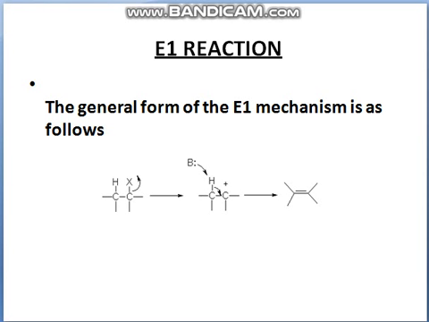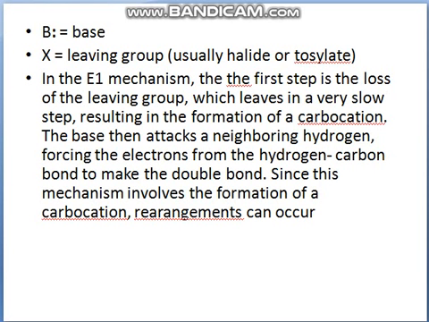In the E1 mechanism, the first step is the loss of the leaving group, which happens in a very slow step, resulting in the formation of a carbocation. The base then attacks a neighboring hydrogen, forcing the electrons from the hydrogen-carbon bond to make the double bond. Since this mechanism involves the formation of a carbocation, rearrangement can also occur.